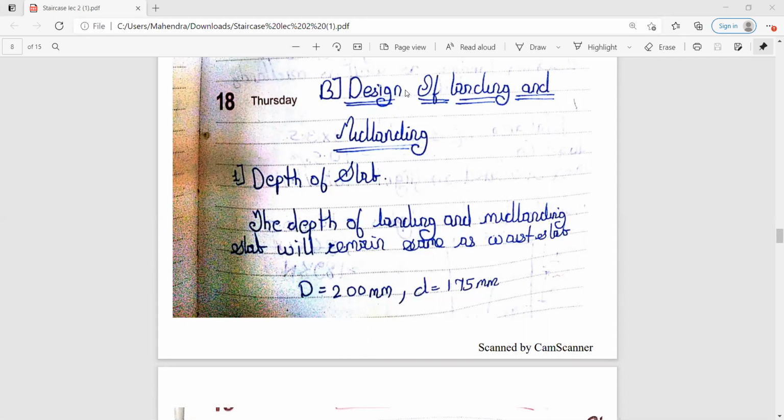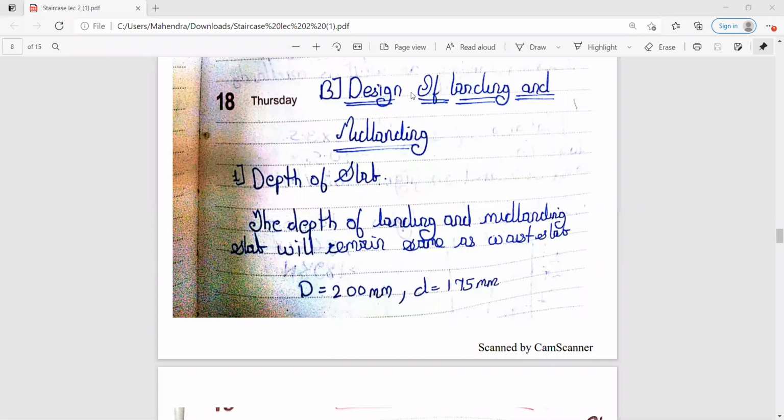So for design of landing and mid landing, first of all, we need to calculate the depth of slab. The depth of landing and mid landing slab will remain the same as the waist slab. For the waist slab, we had considered the value of capital D as 200.